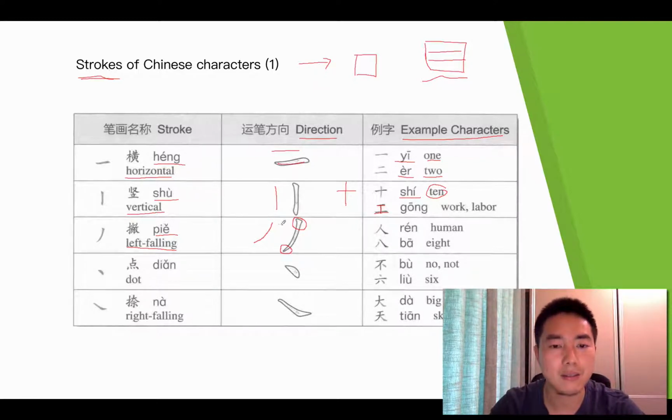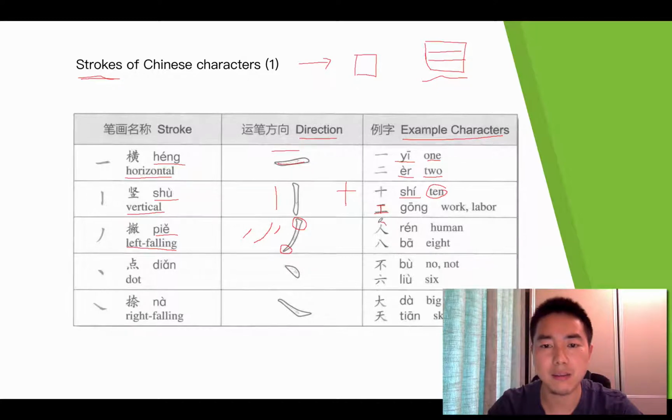But this happens when we write calligraphy. When we write with just a pen, we don't need to really do it like first stress then unstress. Just like this, from the right top to the left bottom.